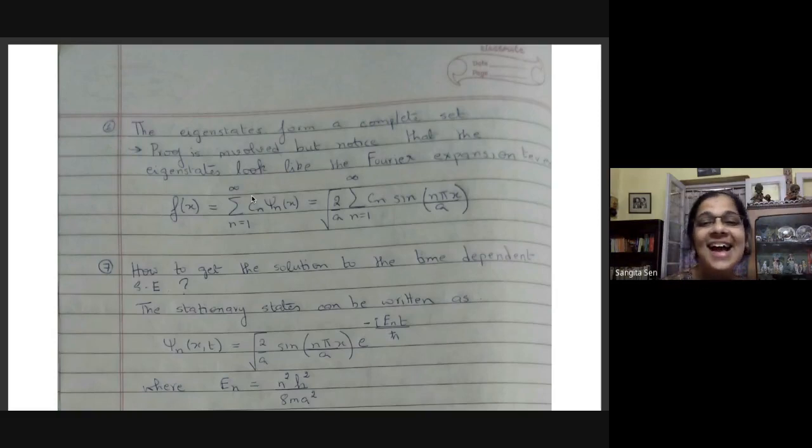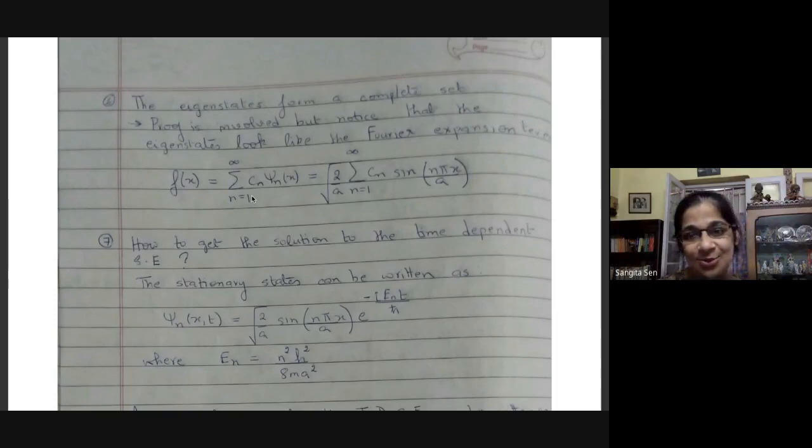But you can sort of guess it is a complete set, because if you use these wave functions as a basis for expanding a general function, they look like the Fourier expansion series. And you know that any function can be written as a Fourier expansion series. So if you accept the Fourier expansion series, you can easily accept that these eigenfunctions form a complete set.